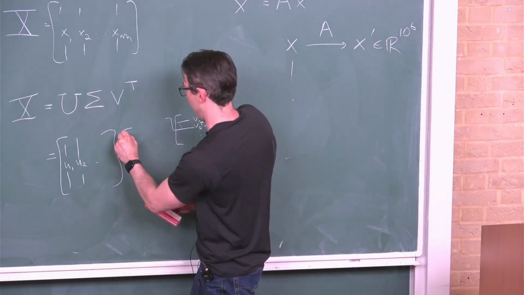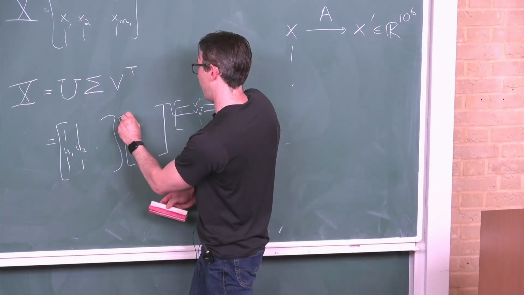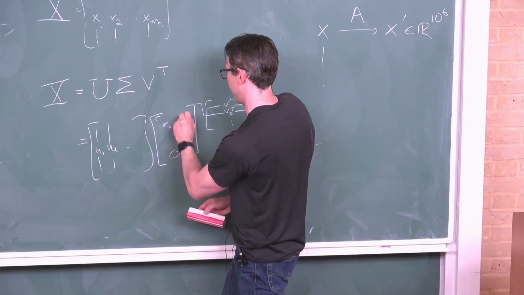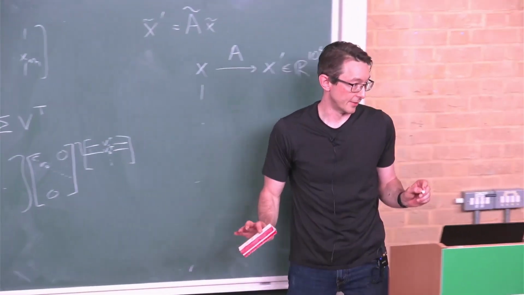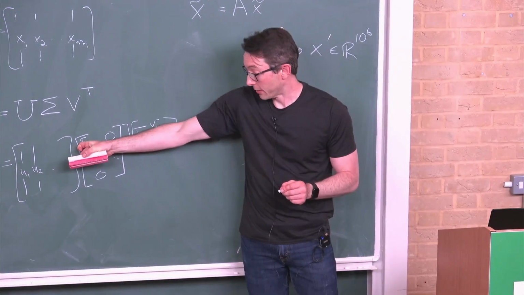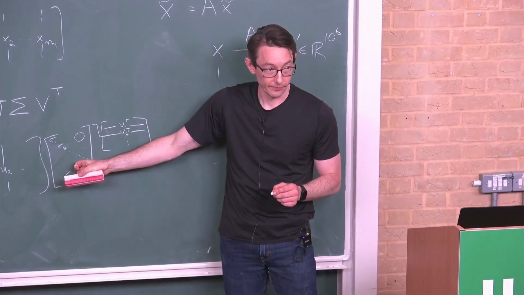And then I have sigma 1, sigma 2, dot, dot, dot, zeros everywhere else. That's my SVD, okay? Sigma 1 is greater than or equal to sigma 2 is greater than or equal to sigma 3, and so on and so forth.